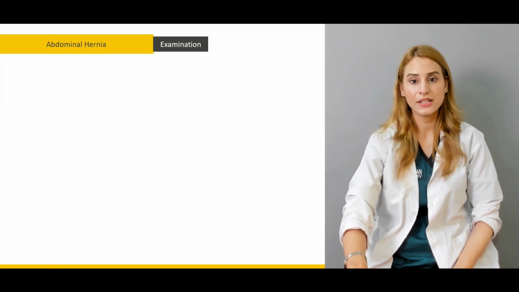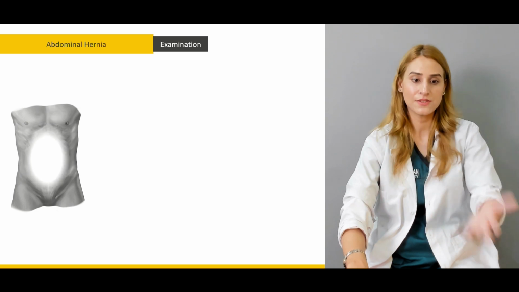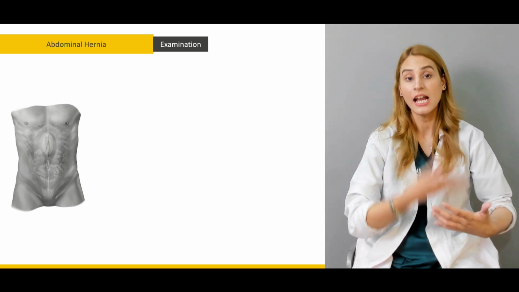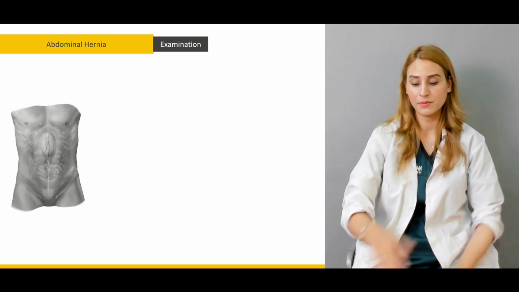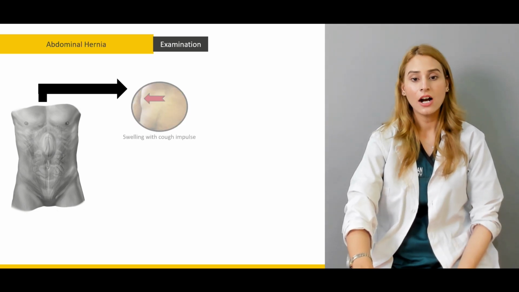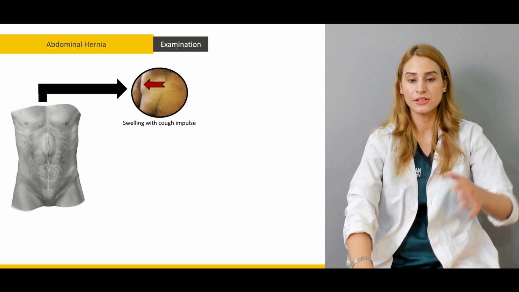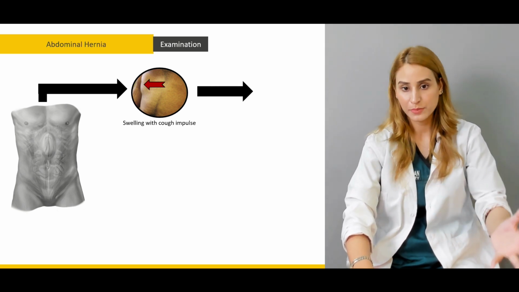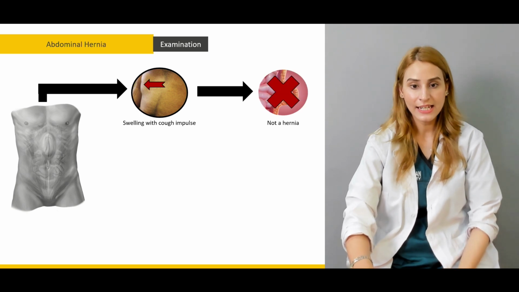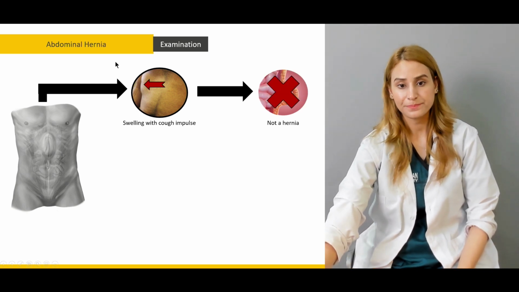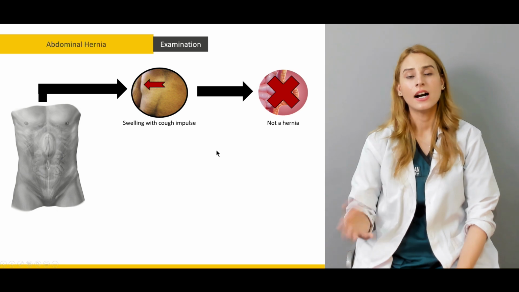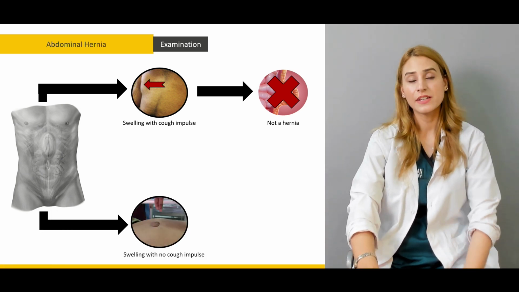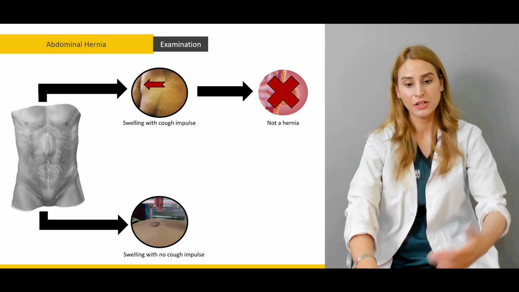I'll tell you what kind of examination, what kind of investigation particularly you will order in a patient who is coming to you with a swelling. On examination, already told you, you'll see whether the cough impulse is positive or negative. If the cough impulse is negative, basically there's mostly no hernia. But if the cough impulse is positive, it can be a hernia.